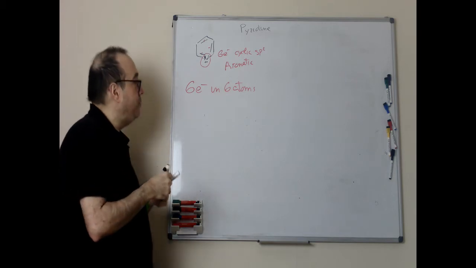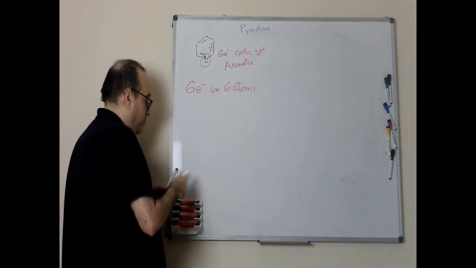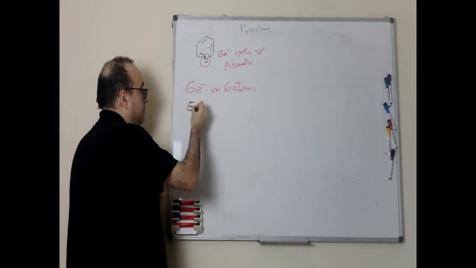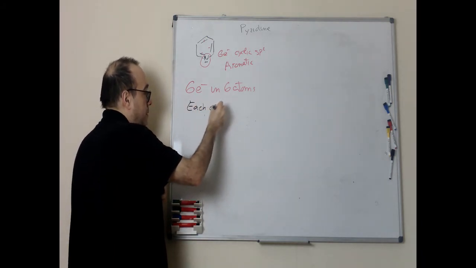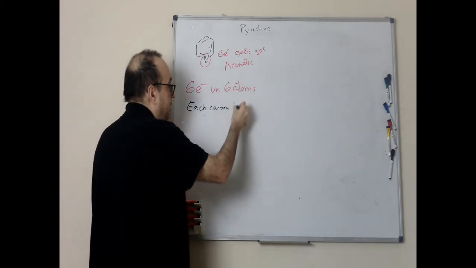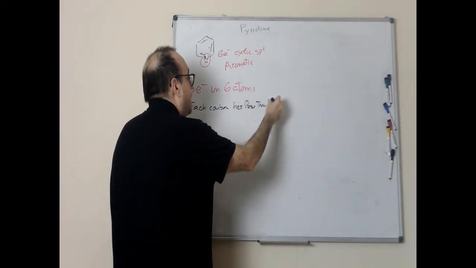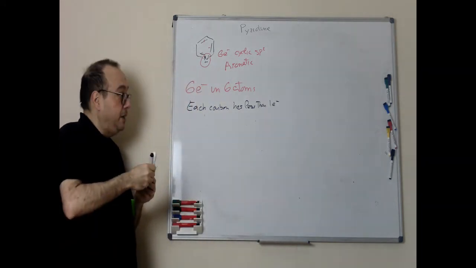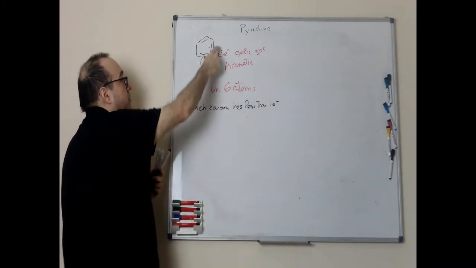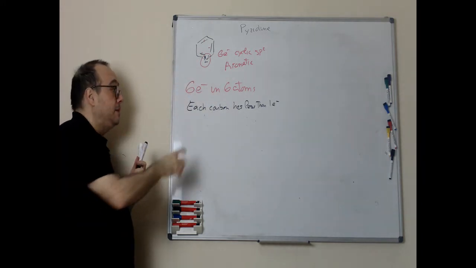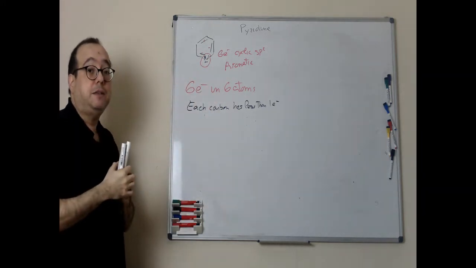That means that if we do the math, each carbon has less than 1 electron. Because if there are 6 electrons in 6 atoms, it is 1 for each, but we know that the nitrogen will take more than 1 for itself, so the rest will have less than 1.